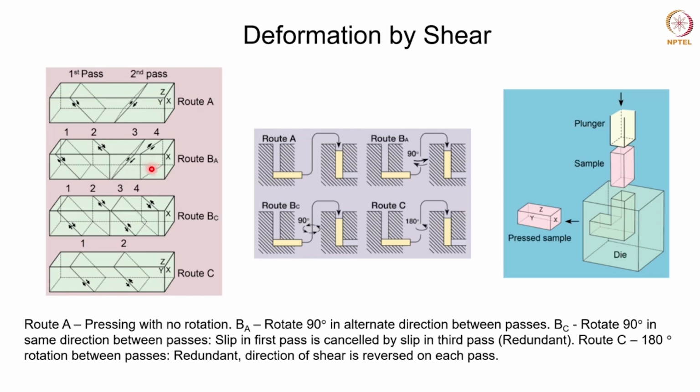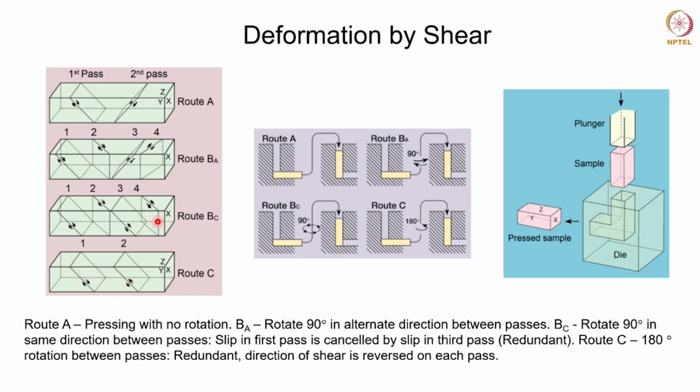BC is 90 degree rotation in the same direction, as you could see. This is the first pass, then 90 degree rotation in the second, then third also again 90 degree rotation in the same manner, and so on and so forth. And in case of route C, you can see it is rotated 180 degrees.